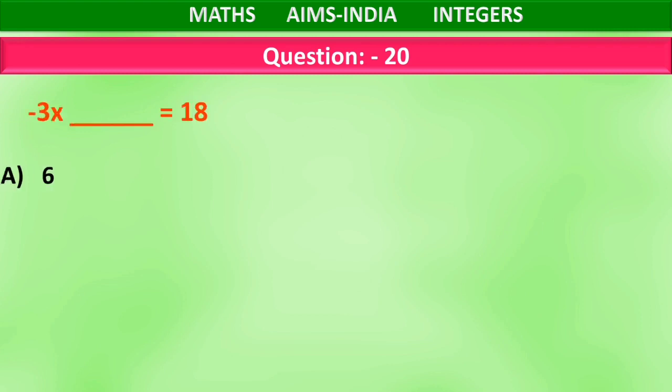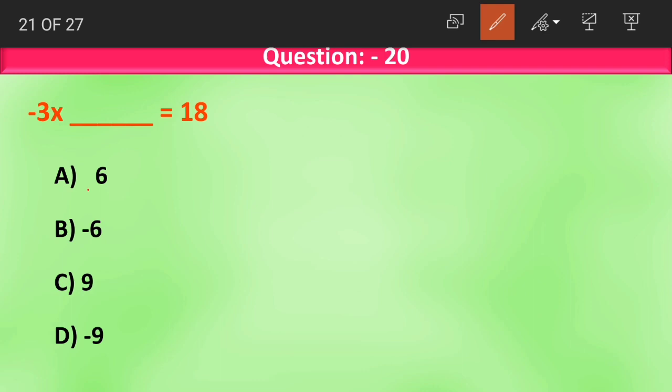Question number 20. Minus 3 into dash gives us 18. Option A 6, option B minus 6, option C 9, option D minus 9. Now there are two ways to solve this. First way is to check using every option.